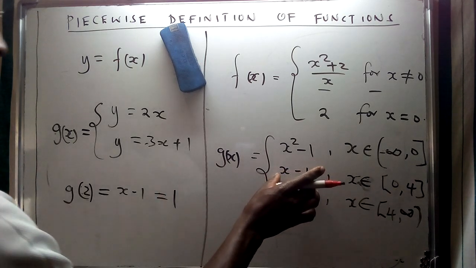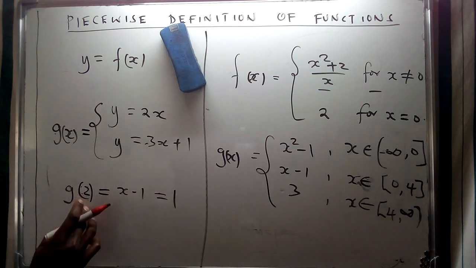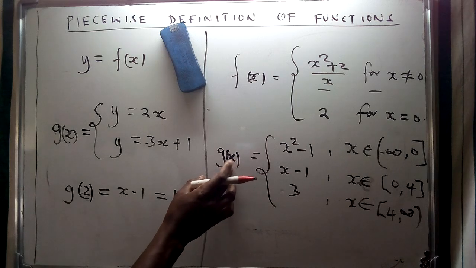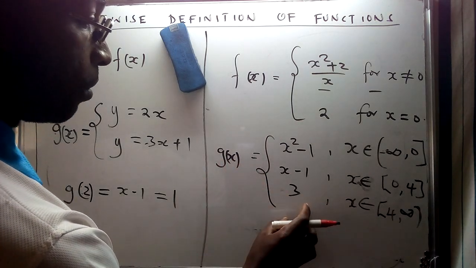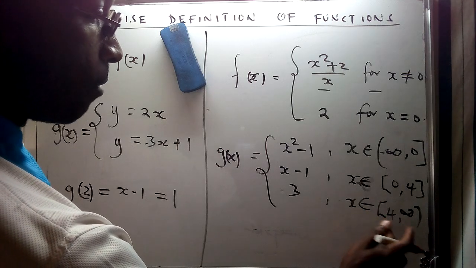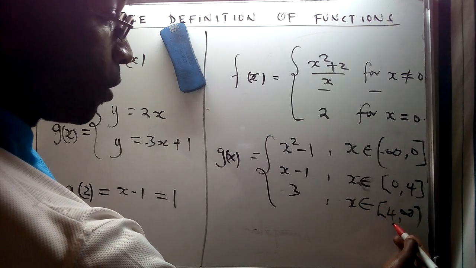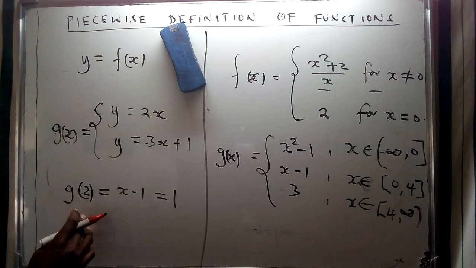And for the last one, if we put this condition of x equivalent to 2, this last equation for g of x, equivalent to 3, falls under the set of values whereby x is a set of numbers from the closed interval of 4 to positive infinity. So 4 is a larger number, therefore it's not going to fall under this category.